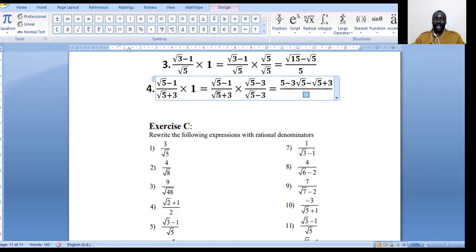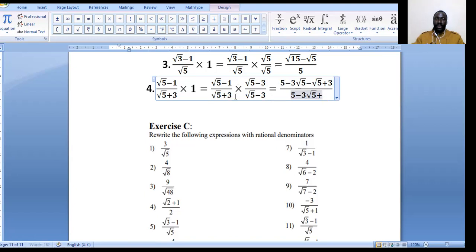Now the denominator. Here, square root of 5 times square root of 5, you know, difference of two squares. Square root of 5 times square root of 5 is square root of 25, and it simplifies to 5. When we multiply this times that, this is going to be minus 3 square root of 5. Yes, then now we are done with this times the 2, then we come to 3.